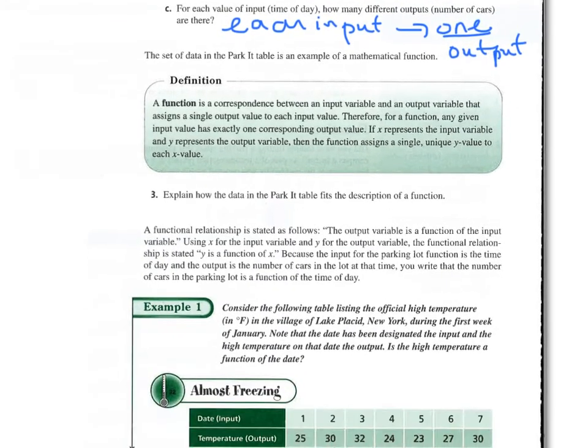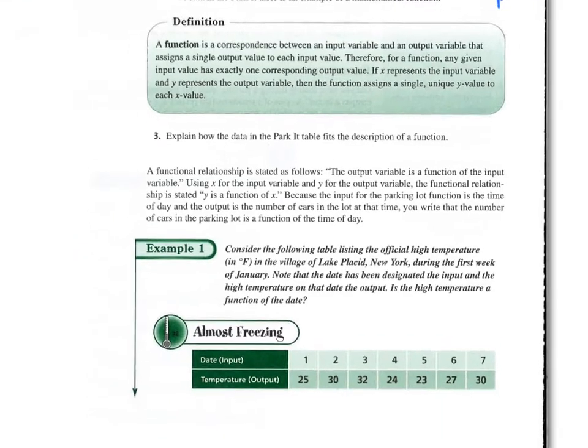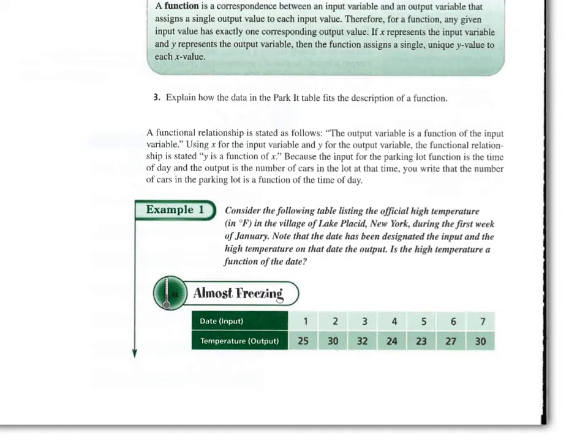So now we're giving a definition of a function. A function is where each input goes to exactly one output. So it is a function when each input has exactly one. In other words, each x goes to exactly one y. So we go back to that x and y notation. Then it's asking how does this park problem fit the description?